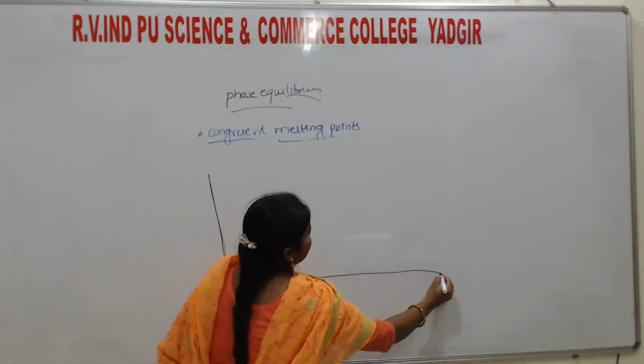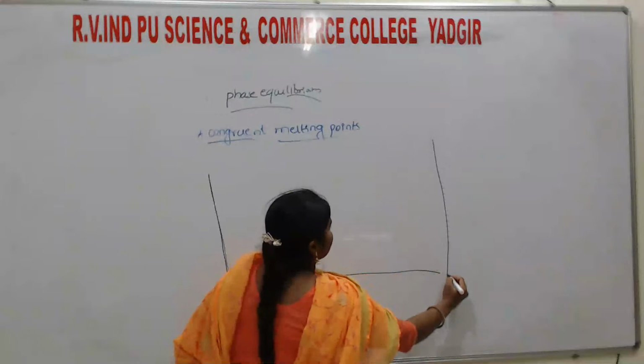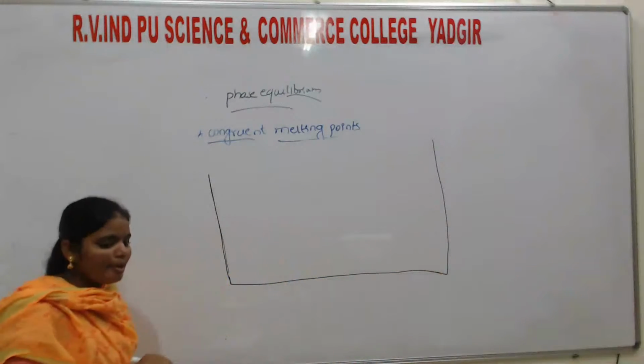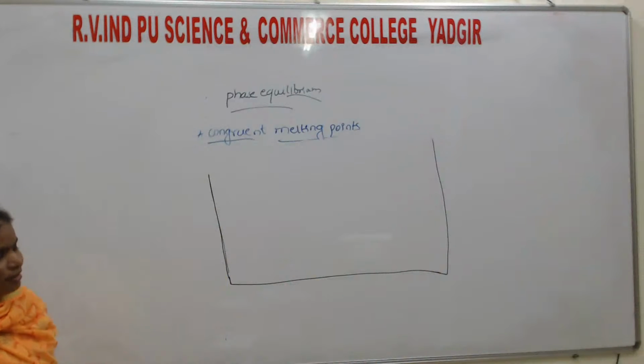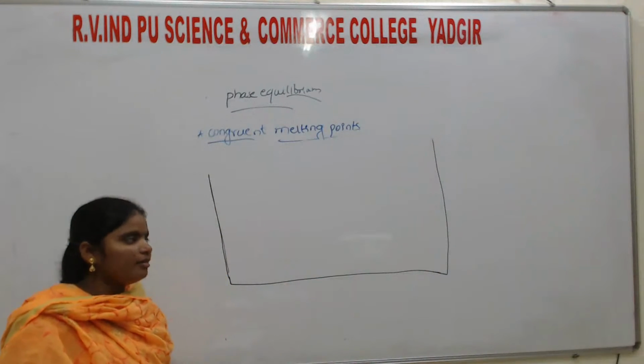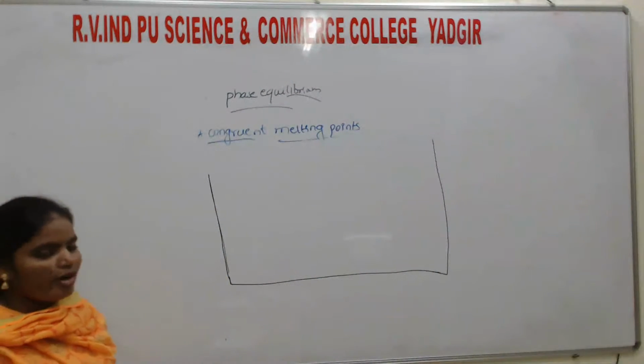This is a graph, a diagram, of a congruent melting point. This is very important for the ferric chloride water system.